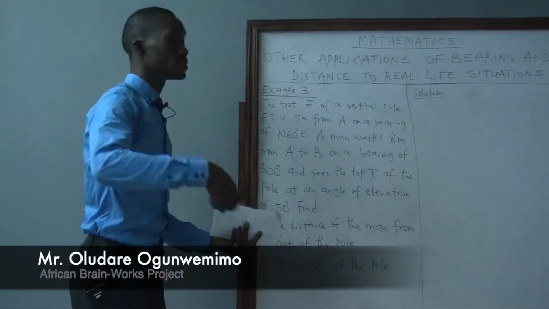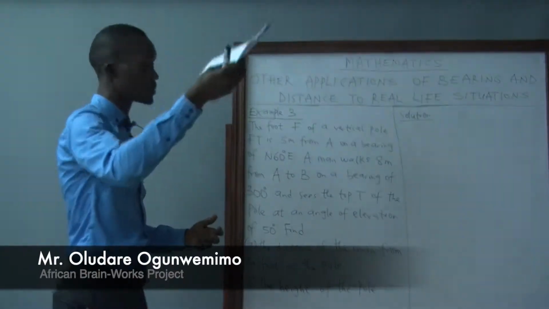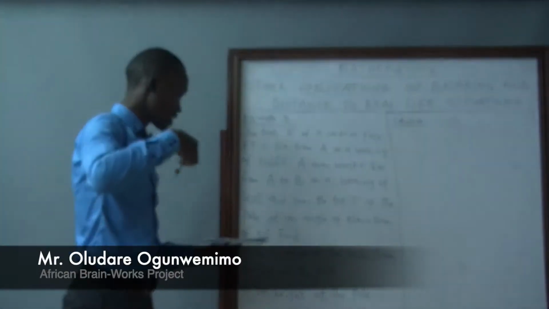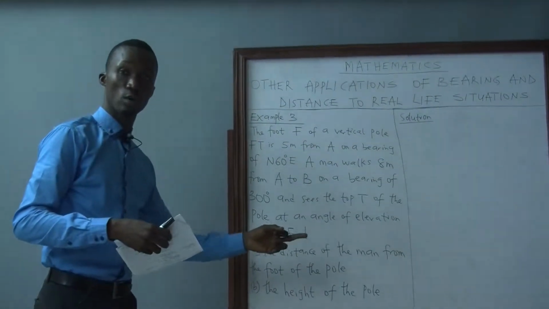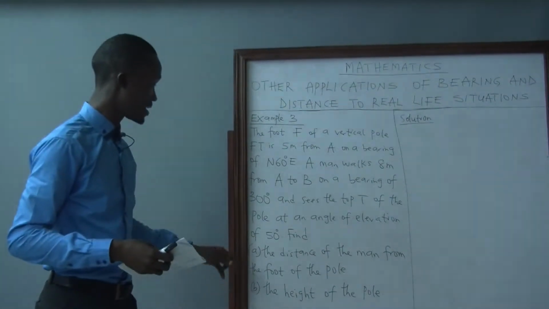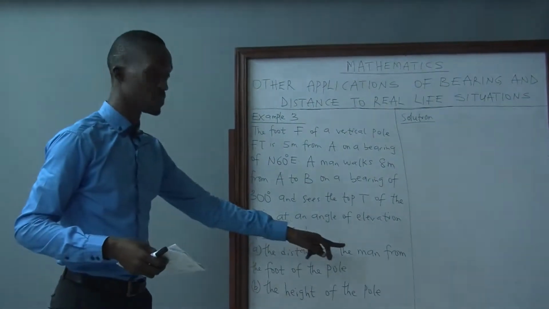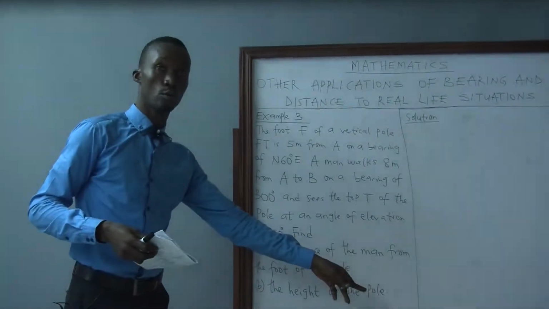Elevation is something that is up. So for you to see something that is at the top, you need to rotate your eye through a particular angle, and that angle of rotation is what we call angle of elevation, which is 50°. And now we have to find A, the distance of the man from the foot of the pole, and B, the height of the pole.